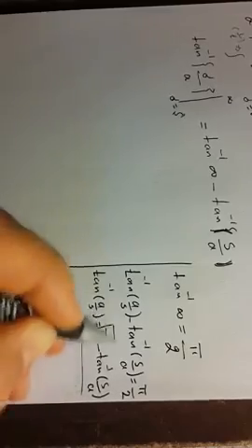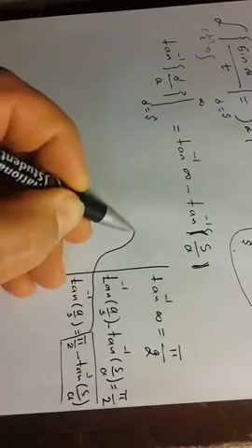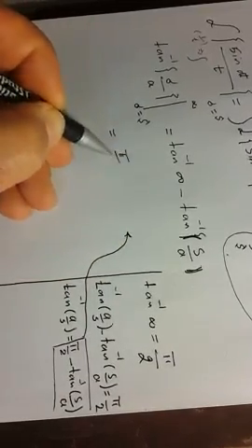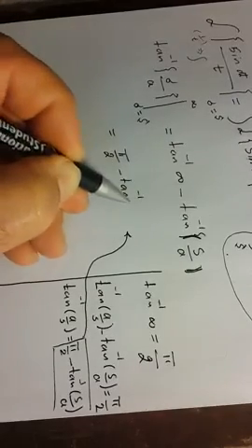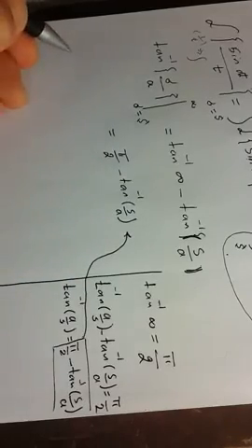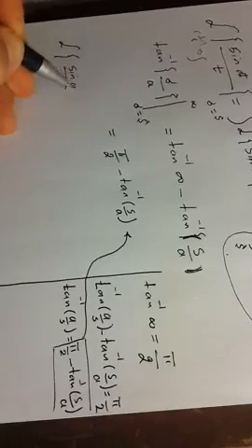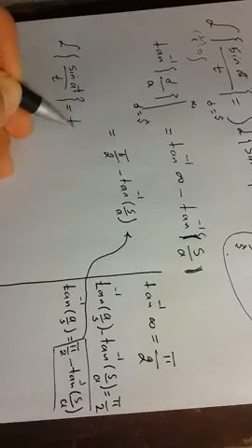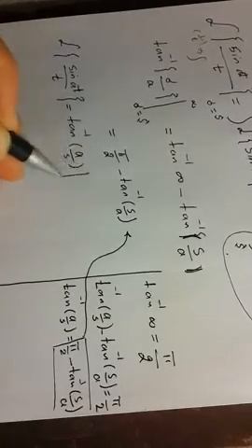This part exactly matches this one. So the Laplace transform of the function sine at over t equals tan inverse a over s.